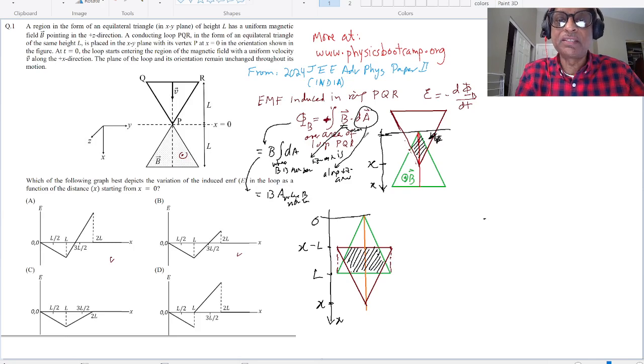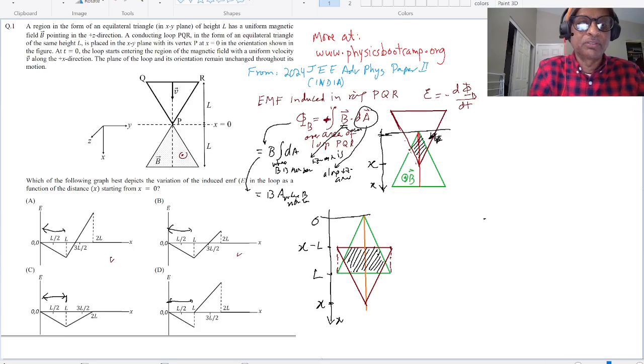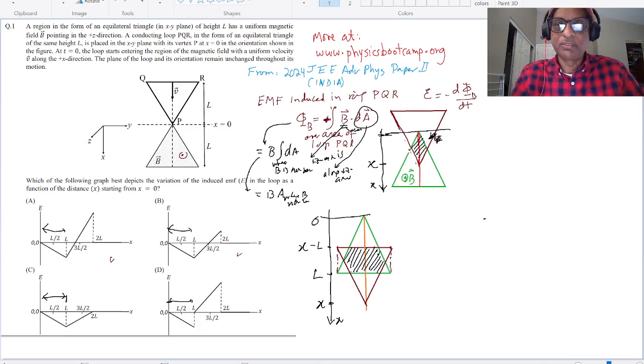So this area is the area of this loop in which B is non-zero. So in this time, like in these figures, this will be the time before that. So this is the time we're talking about, and all of them are the same. So it should turn out very simple to calculate. It is very simple to calculate actually.